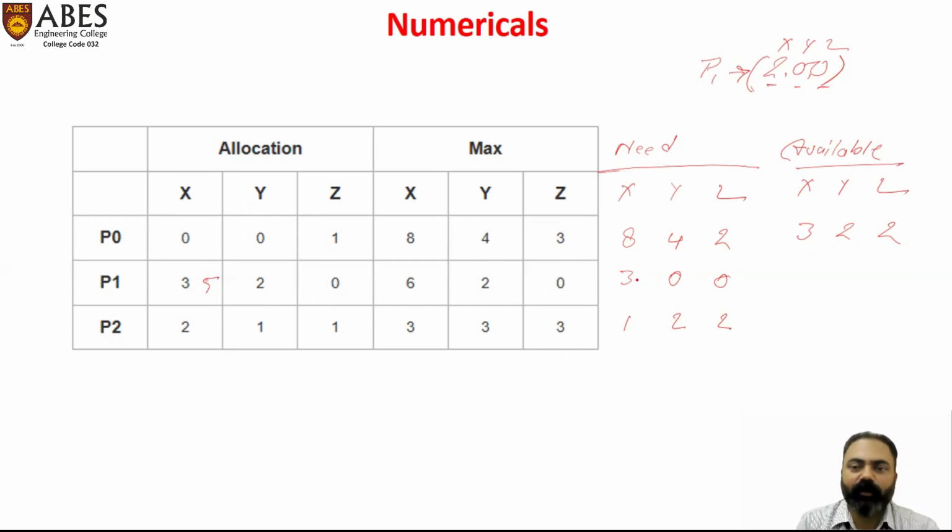So need will be 6 minus 5, 1, 0, 0. And availability will also decrease. Now availability will be 1, 2, 2.